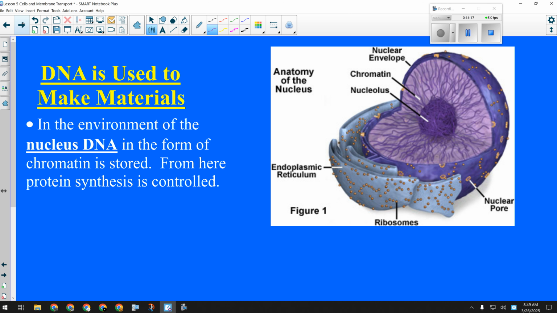All right, so let's talk about the nucleus and what's in it. If we're looking for a quick way to tell what the nucleus does, the nucleus stores DNA.